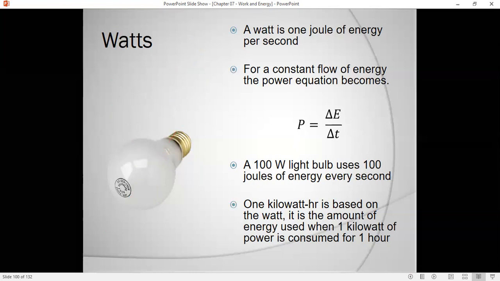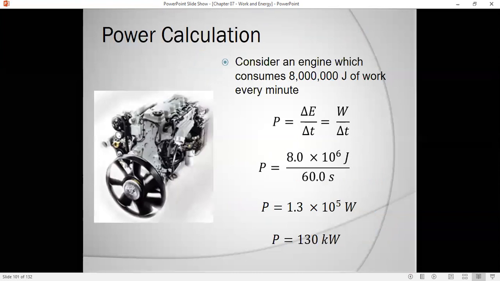Very, very inefficient, okay? Now, in fact, if we think about it, the kilowatt hour actually is a unit of power times time. We have power, which is 1,000 watts. We have time, which is 1 hour. So if we multiply the two together, that's where we get the 3.6 million joules.